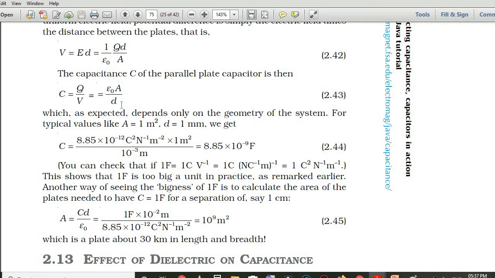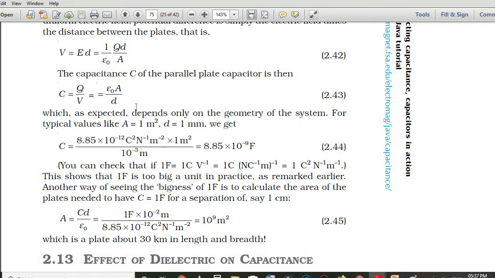We have minimized the separation to only 1 millimeter. The plates are placed very close to each other for increasing the capacitance. Similarly, the area of the capacitor plate is also made very large. These things are not really practical, but for you to understand, we have given this value.